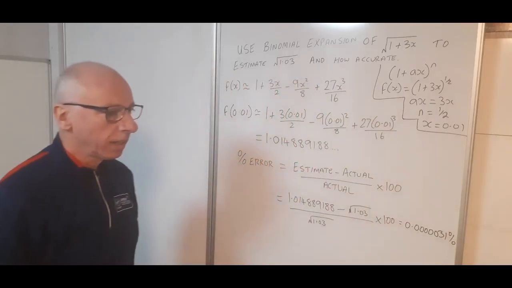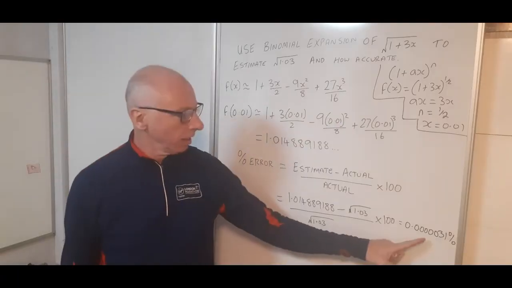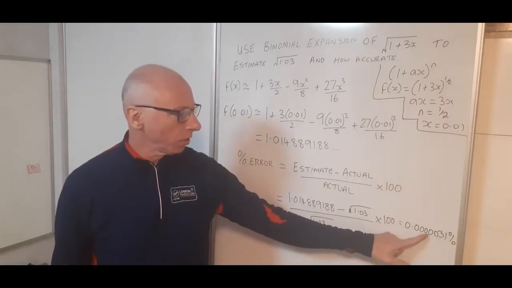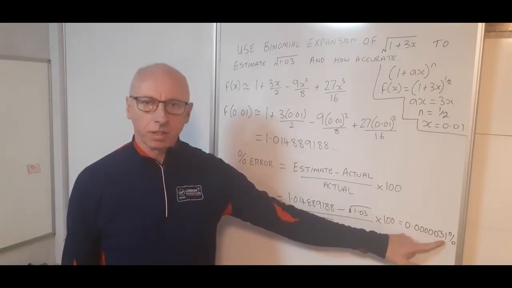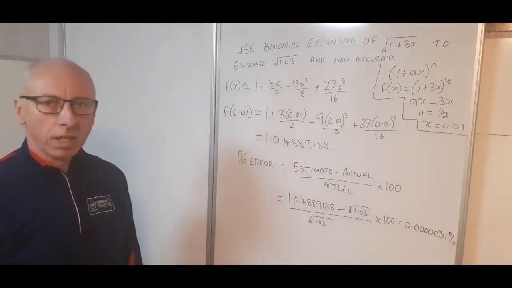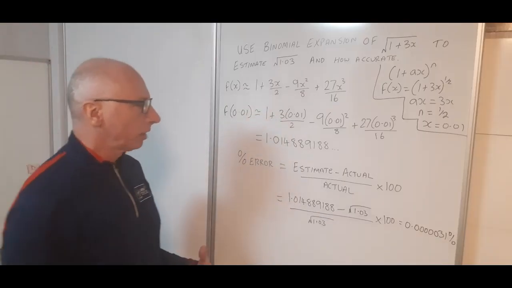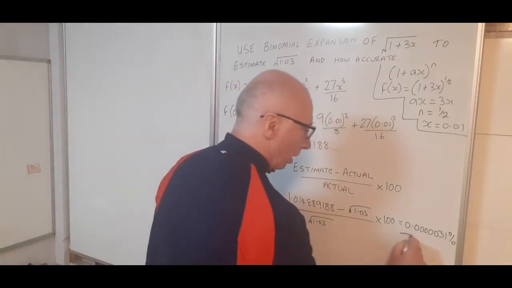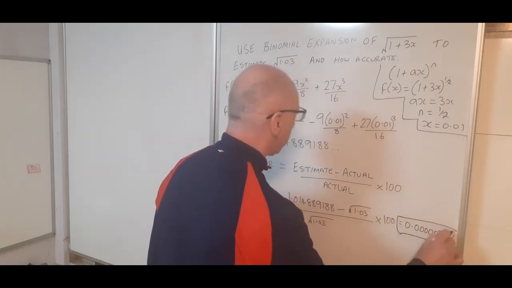So that is pretty accurate, I would say, to the 6th decimal place in terms of percentage. So that's going to be really, really accurate. So that's how accurate it is.